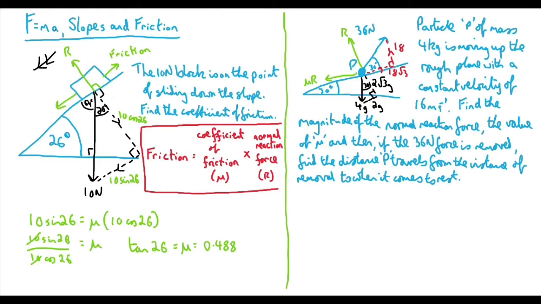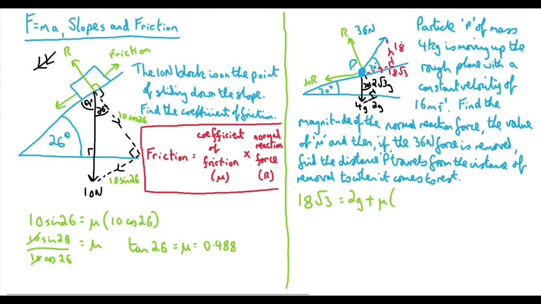So the forward force trying to pull this thing up the slope is the 18 root 3. That is the only force trying to pull it parallel up the slope. So that is then going to equal the combination of the 2g coming down here plus this mu R. So that's going to be mu here, but multiplied by the R. This time, there is going to be some combination of the other perpendicular forces.